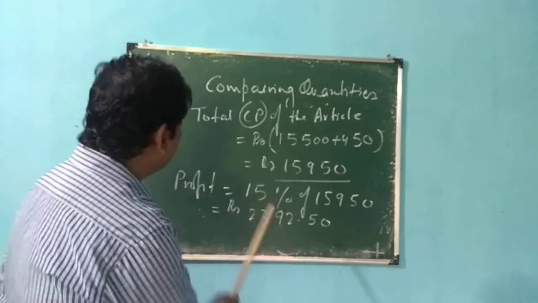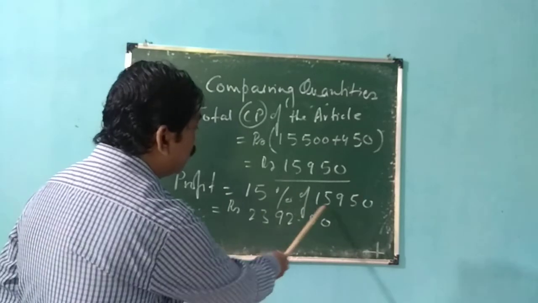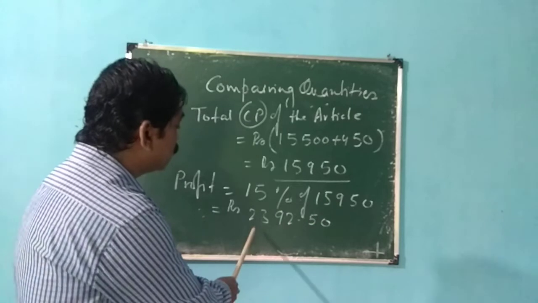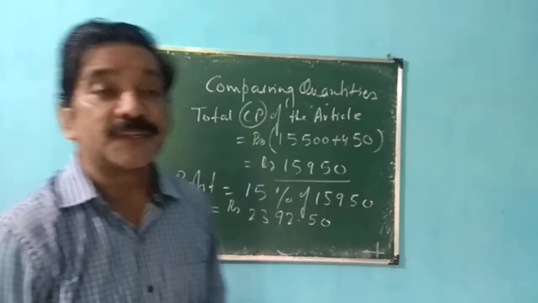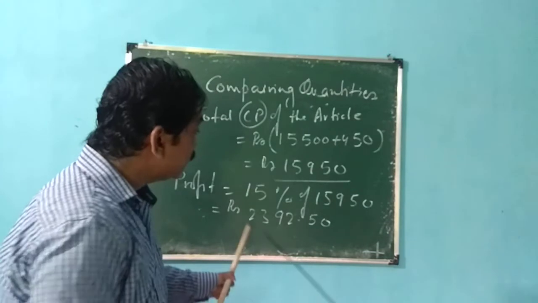Okay, so we found out the profit. What is the profit? 15% of 15,950, which is equal to 2,392.50 paisa. Now this is the profit.